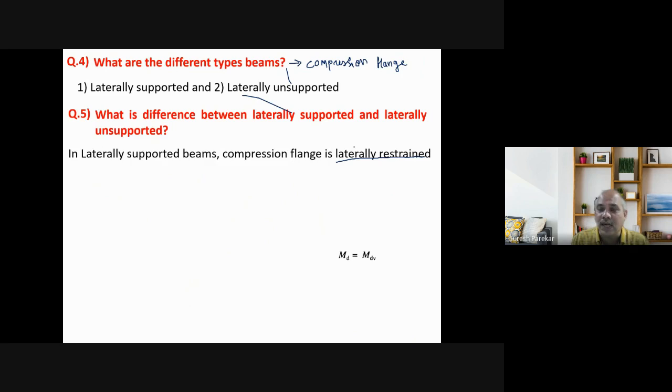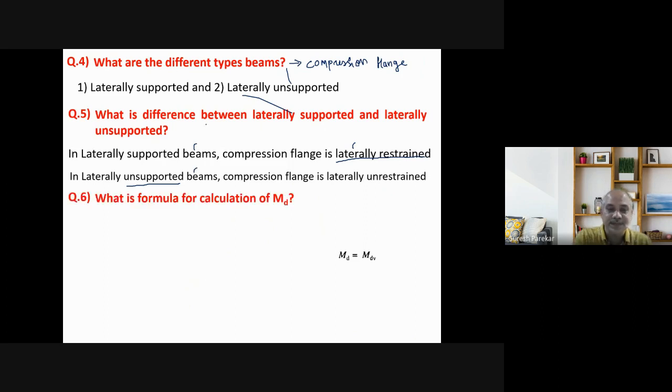So we are not allowing any displacement along the lateral direction of the beam, and if that is satisfied, then my beam is laterally supported. And if my compression flange is allowed to deflect or is not laterally restrained, then the beam is known as a laterally unsupported beam. So in a laterally supported beam, my strength is greater than in laterally unsupported beams.